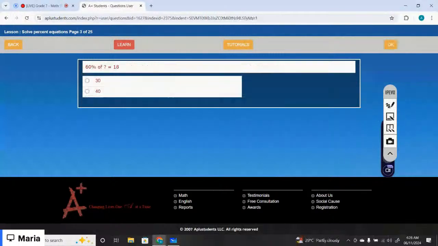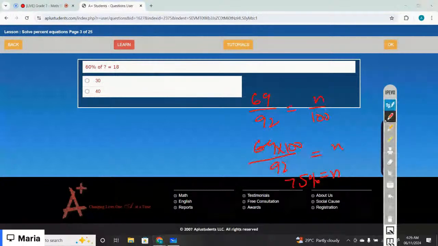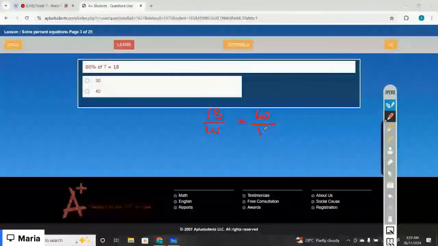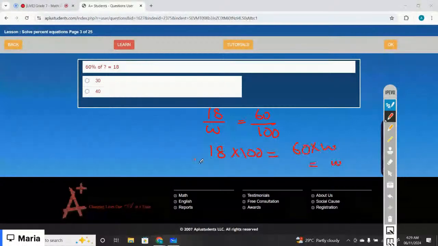60% of what number is 18? So now you need to find the whole number, right? 60% of some number is 18. So that means you need to calculate the whole number. You are given 60 over 100, right? So cross multiply: 18 times 100 equals 60 times W, and W equals 1800 divided by 60. So which is the correct option?